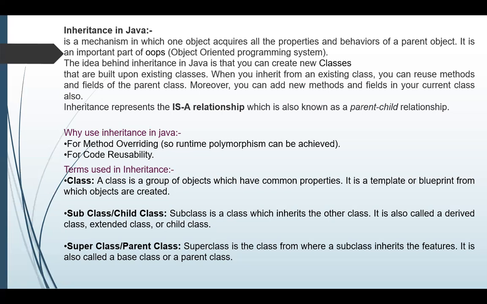Now, we use inheritance for two purposes. One is method overriding, which is runtime polymorphism. Once we start with polymorphism, you will understand there. Second is code reusability. Code reusability means that you create one class and everyone can use it.